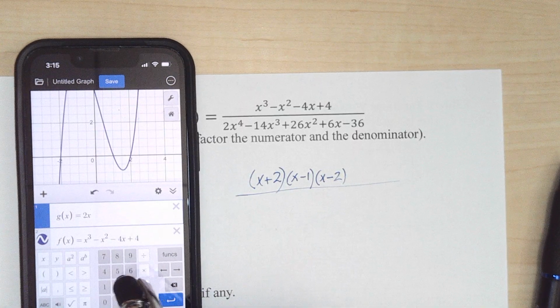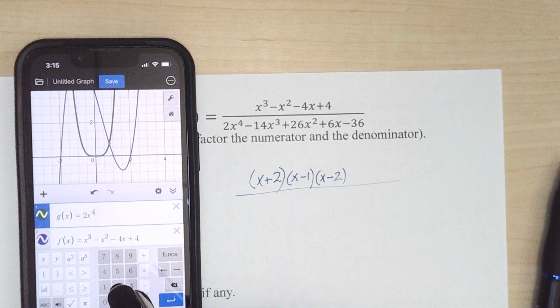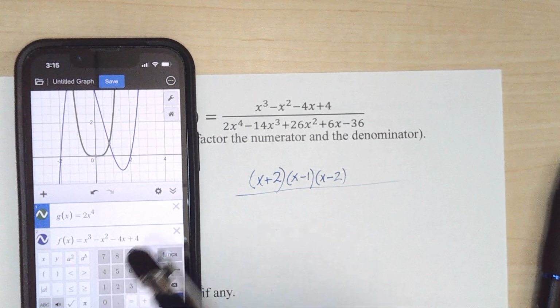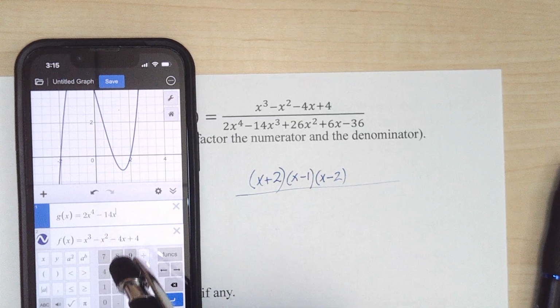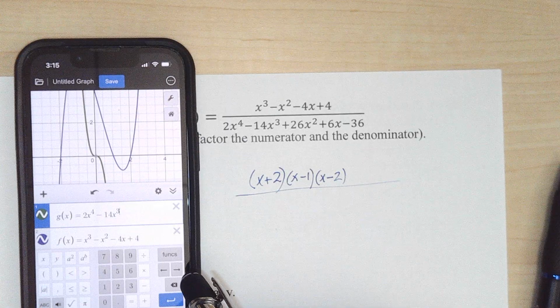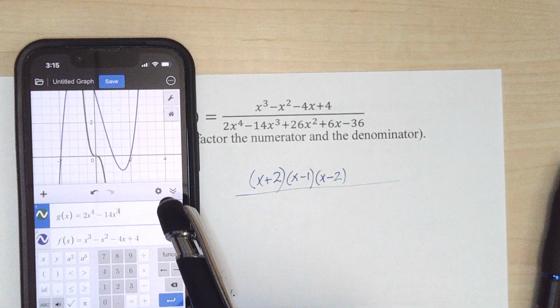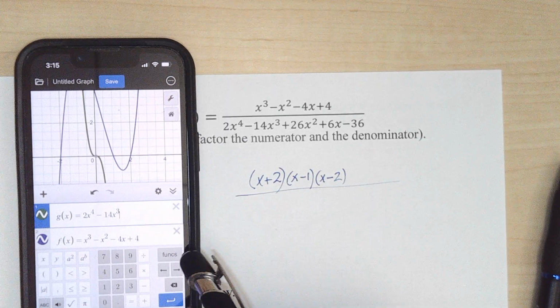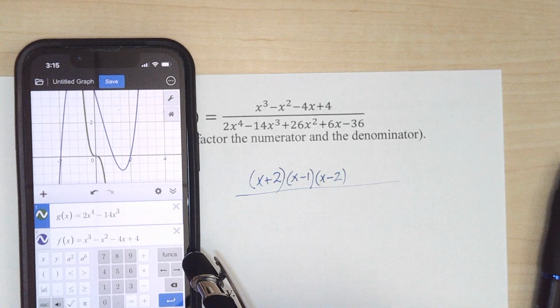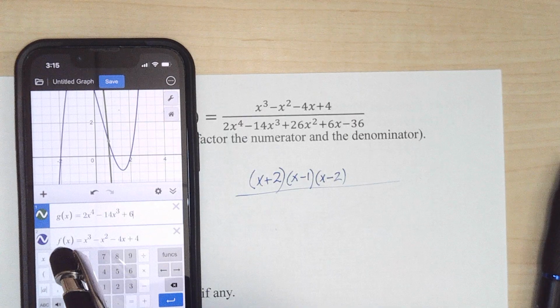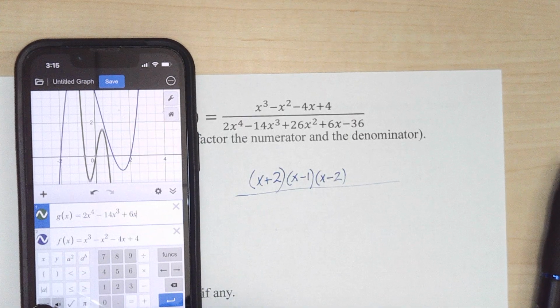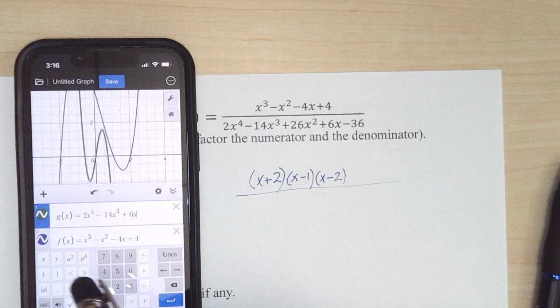2x to the 4th minus 14x to the 3rd plus 26x squared.